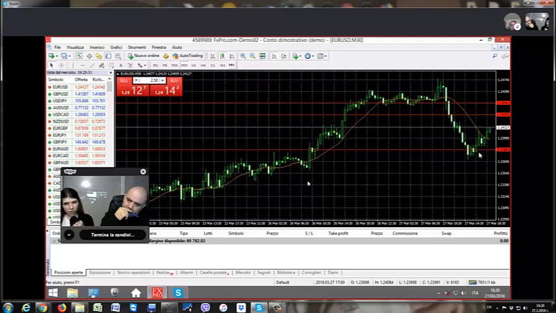During the news, the minimum stop loss is 30 pips. So how we can minimize our risk is a question for you. Exact. Perfect.